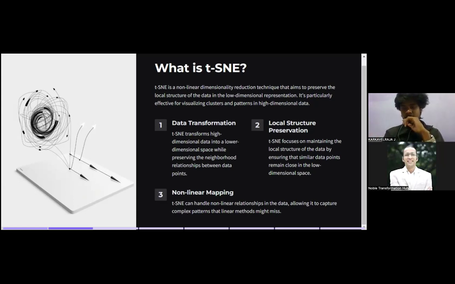Data transformation. tSNE transforms high dimensional data into a lower dimensional space while preserving the neighborhood relationship between the data points. Any dimensionality reduction technique will preserve the inherent characteristics of the data, according to your objective function.